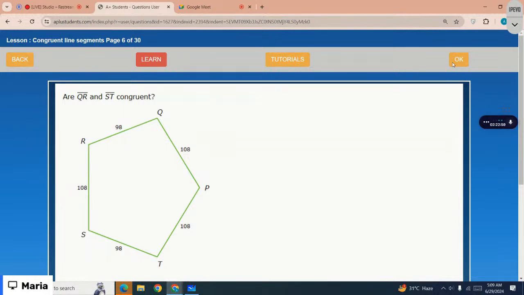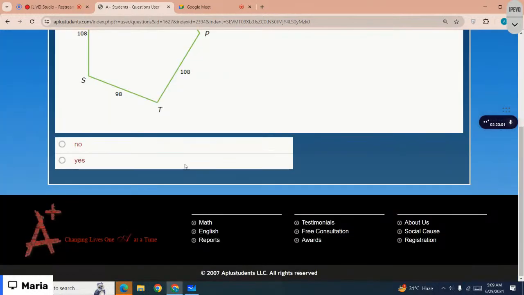The correct option is no, they are not congruent.